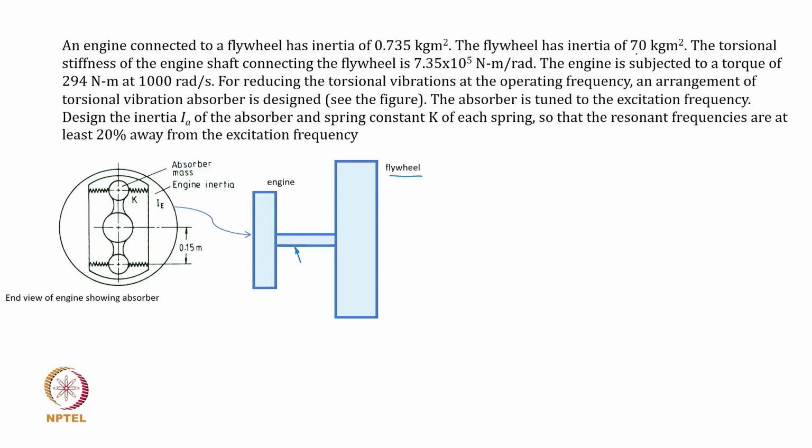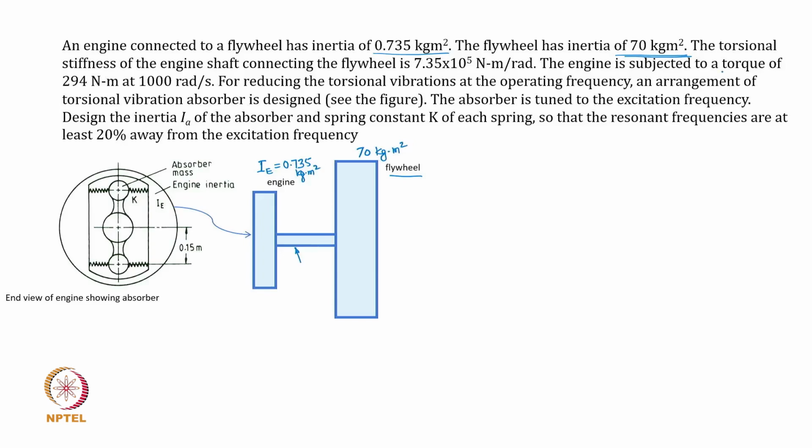The flywheel inertia is 70 kg square meters, whereas the engine itself has an inertia IE equal to 0.735 kg square meter, whereas this one is comparatively much higher.